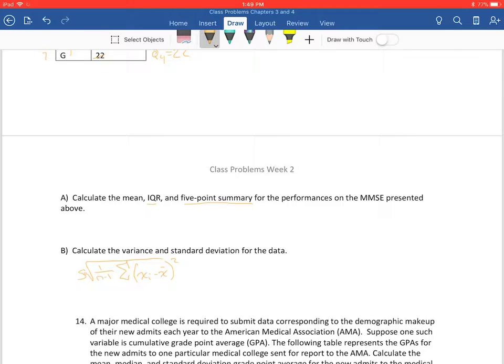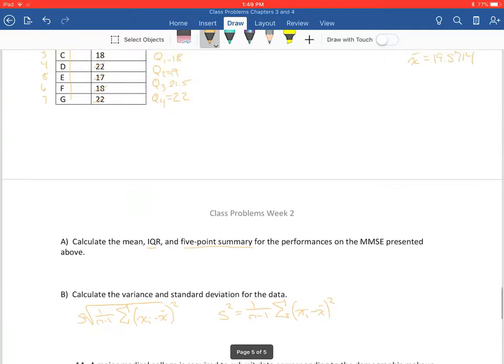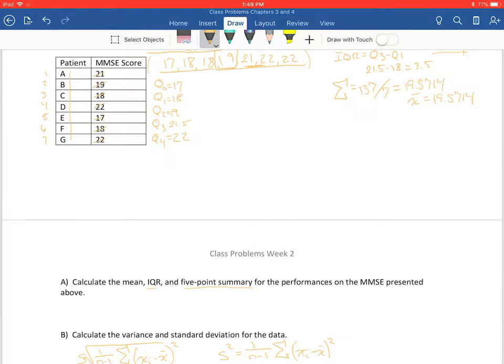The variance is s squared, which is just 1 over n minus 1 times the sum of x sub i minus x bar squared. So you take the variance and take the square root, and that's how you get your standard deviation.